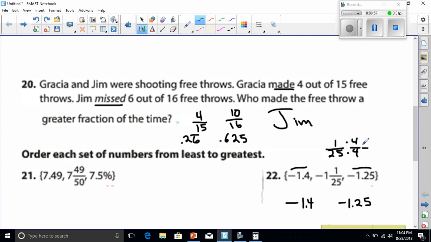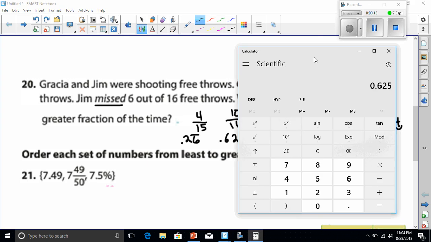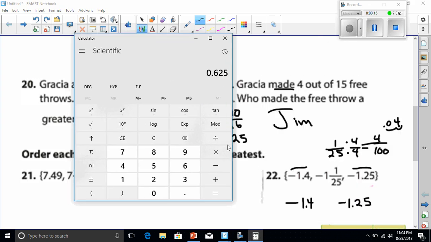And that's going to leave me 4 over 100. As we can see, that means I would have to take my top numerator, move my decimal over twice, and get 0.04. But let's do it the easy way, shall we? Using my calculator, I can say that 1 divided by 25 is going to give me 0.04, just like I said.